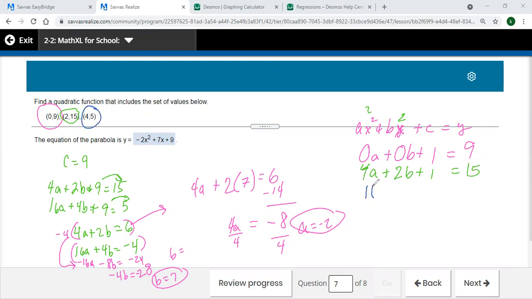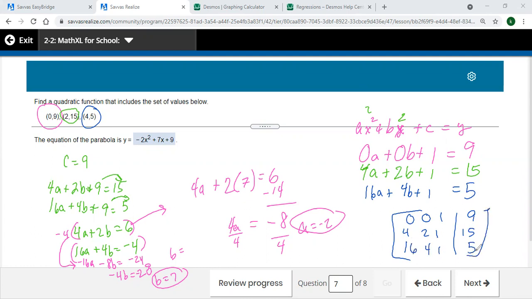The 4 squared would be 16a plus 4b plus 1c equals the y of 5. So our matrix would be 0, 0, 1, 9 for that first row, the 4, 2, 1, 15 on the second row, the 16, 4, 1, 5 on that third row.